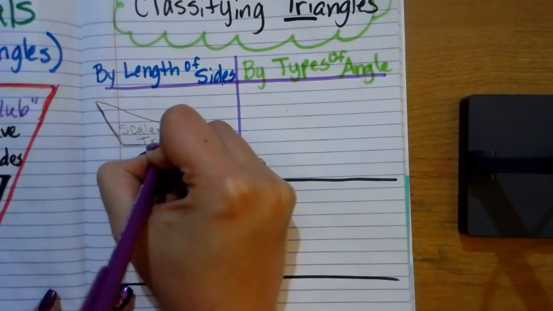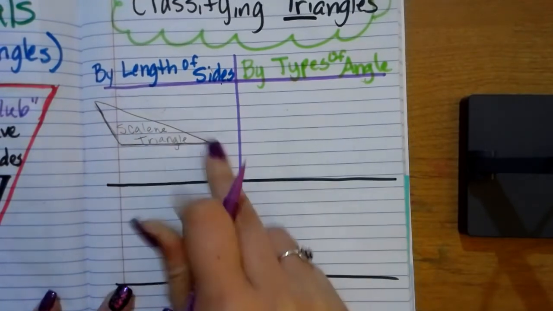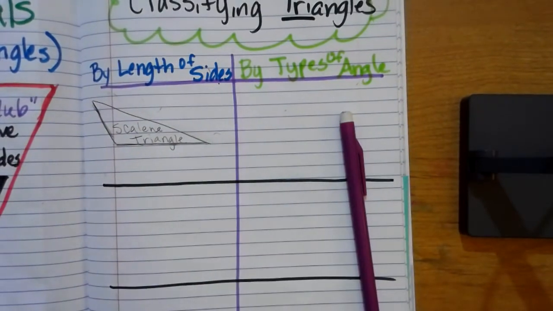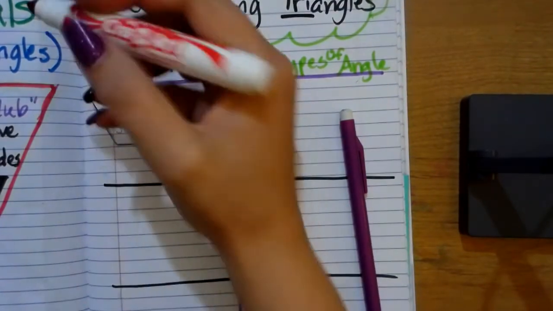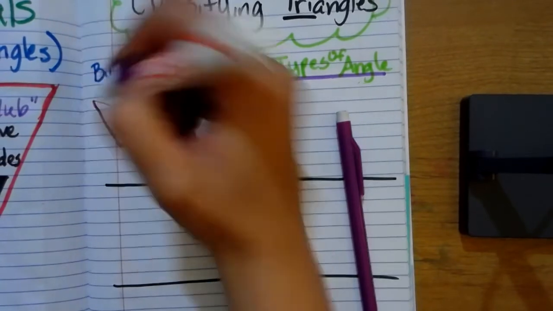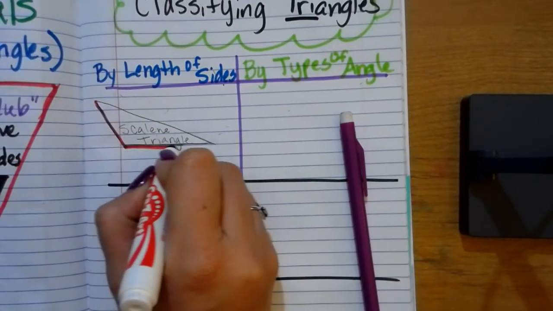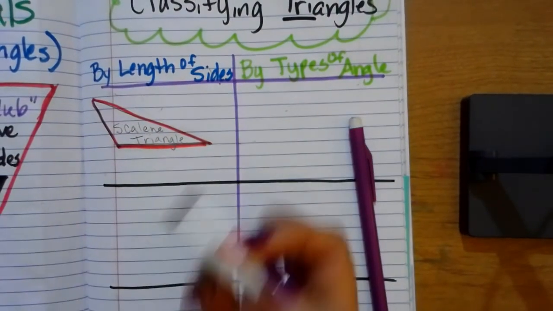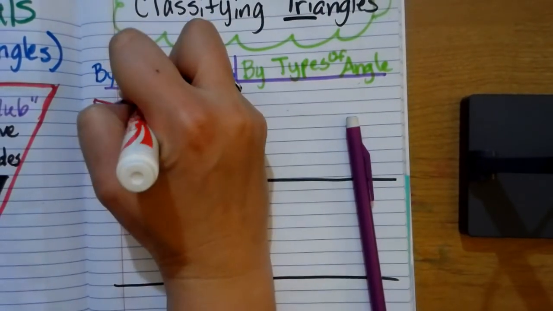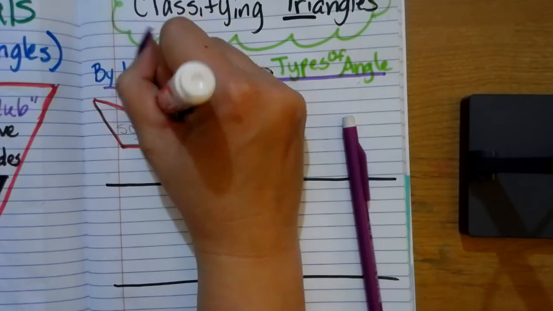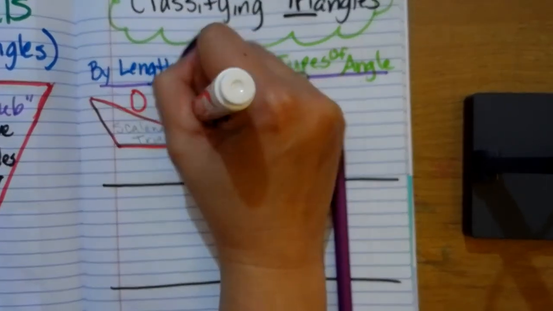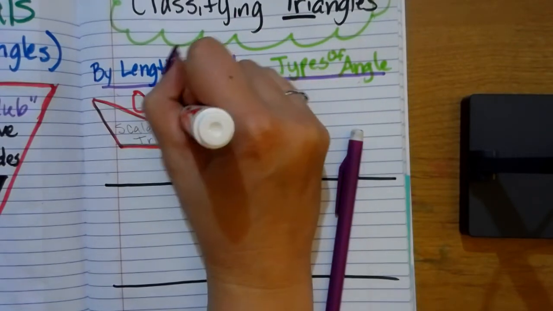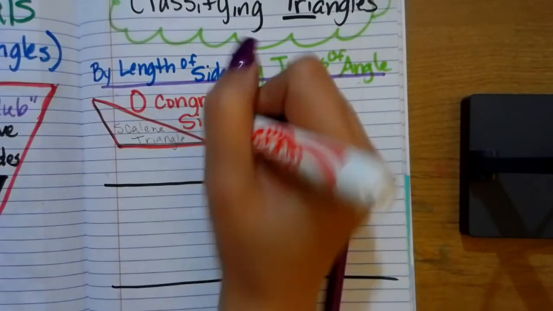I know it's a triangle because it has 3 sides that come together for 3 vertices. And I know, because Miss Webster has gone over it for a couple of days now, that scalene means none of my side lengths are the same. So it has 0 congruent, which means same, sides. Has 0 of them.